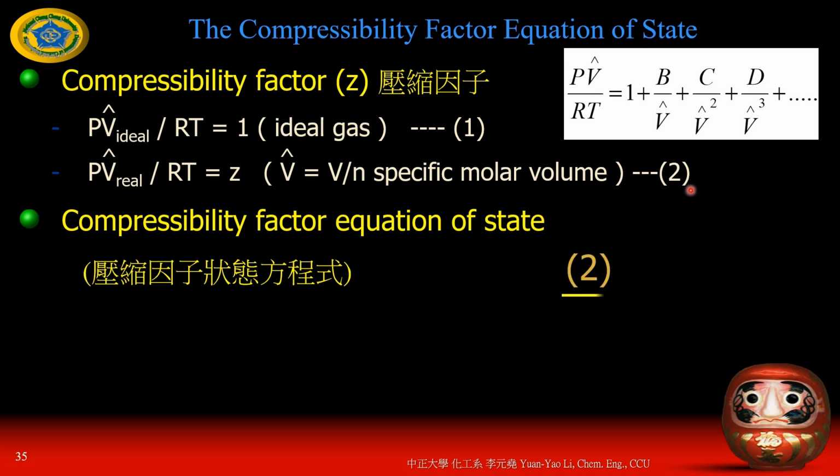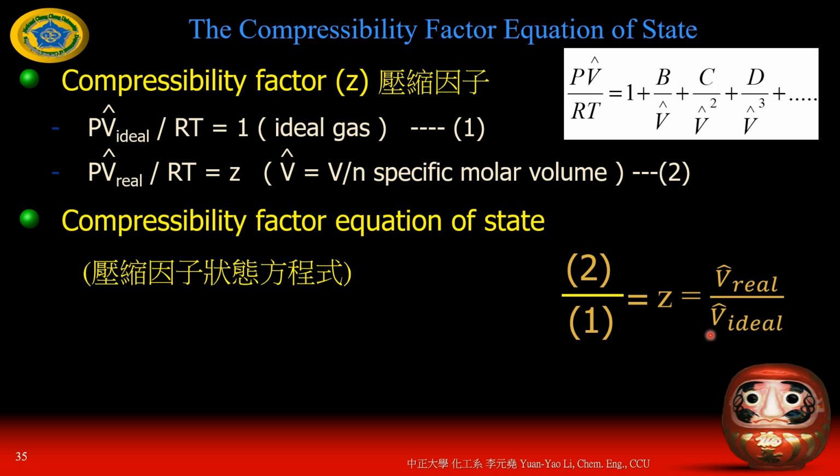So when equation 2 is divided by equation 1, what you can get is Z, right? Because P is the same, RT is the same for equation 1 and equation 2. So Z will be V real over n divided by V ideal over n.